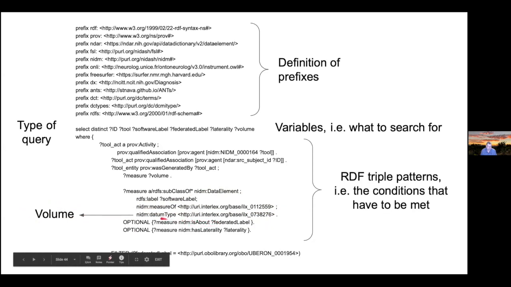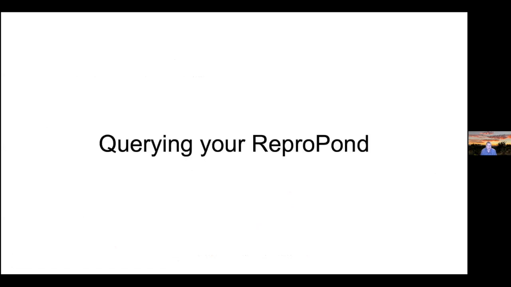So the measure, this data element, might have another relationship that says it is about a certain federated label, and that the measure has a certain type of laterality. And what we want to filter this on, in this case, again, if you were to go to this URL, you would see that this is actually hippocampus, right? And so that's the basic structure of a SPARQL query.